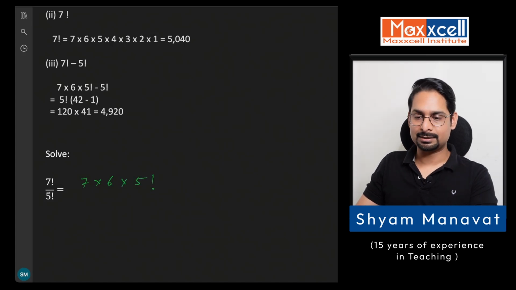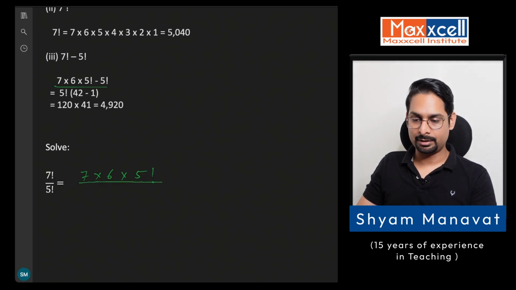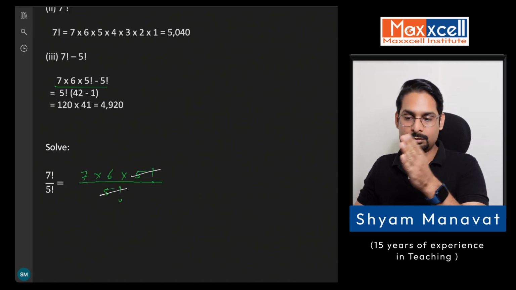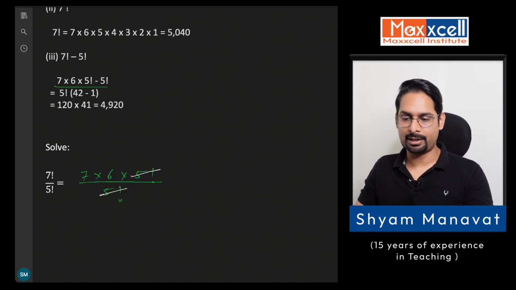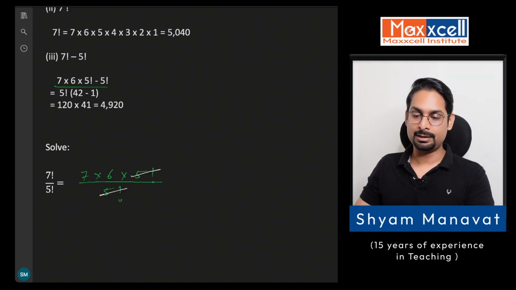I hope this part is clear to you compared to the previous example. Divided by 5 factorial as it is, and then we can cancel this 5 factorial directly. That's possible. You can cancel because this 5 factorial is also 5 into 4 into 3 into 2 into 1. So they are the same. So we can cancel them. So you have only 7 into 6.